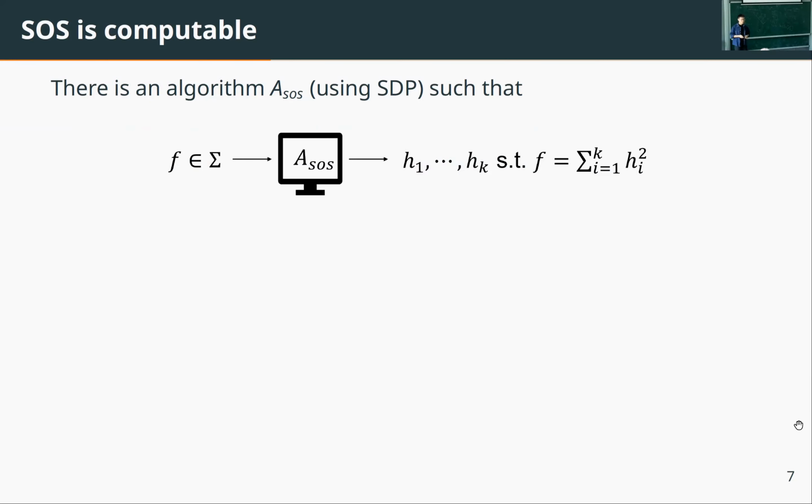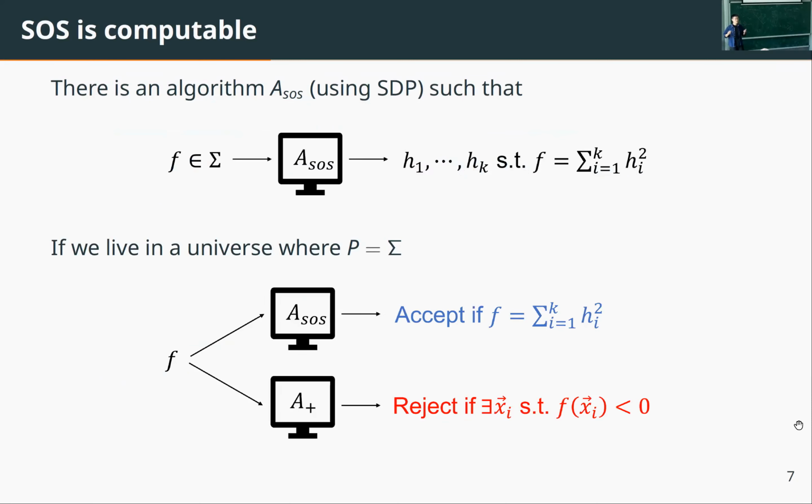So now, suppose we live in a universe where every positive polynomial has a sum of squares. Then I can combine this sum of squares algorithm and my naive algorithm, which gives you an algorithm that tells you the correct answer in finite steps. We just combine these two subroutines in parallel.